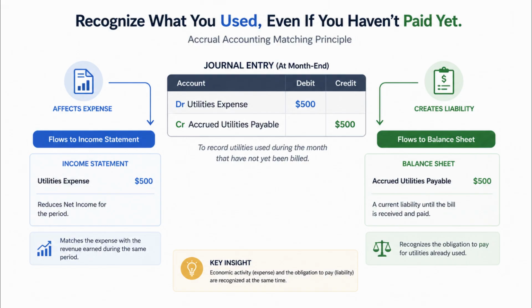Now, one other complication is that typically the utilities bill covers a short period at the end of the prior month, and it doesn't include the total period of the current month. And so what this means is that you're going to have to make an estimation. A good way to do this is to take the total amount of your bill and divide it by the total number of days that the bill covers.